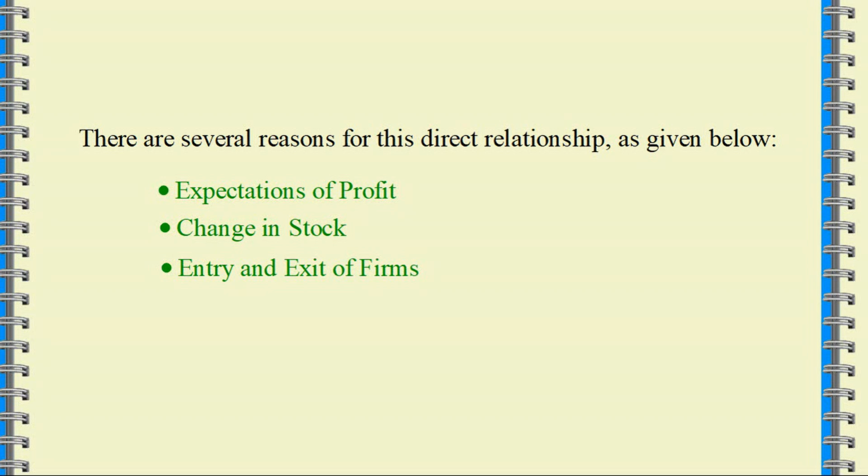This will create a direct relationship between the price and the supply of a commodity. So these are the main reasons that we have an upward sloping supply curve: expectation of profit, change in stock, and entry and exit of firms.